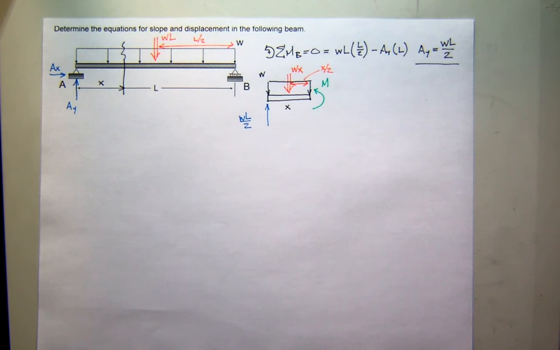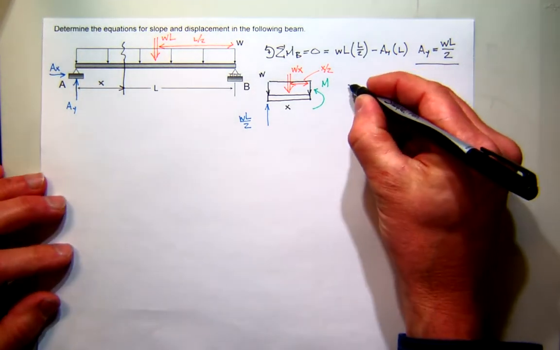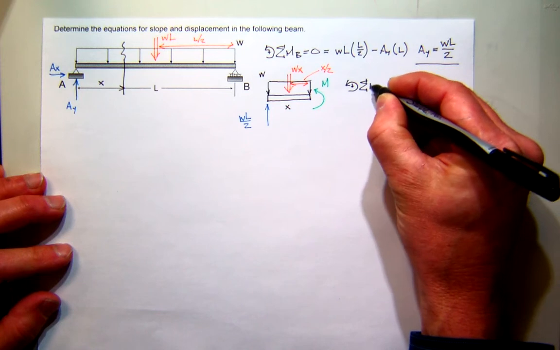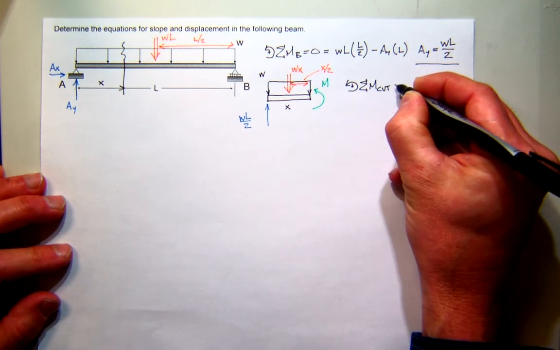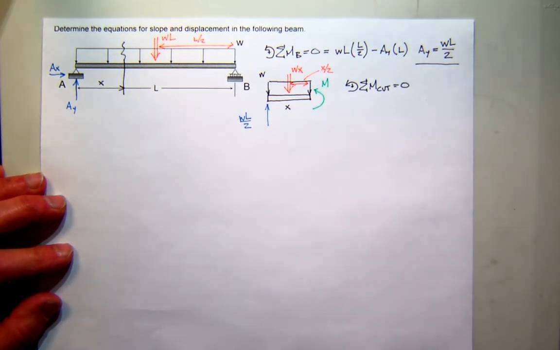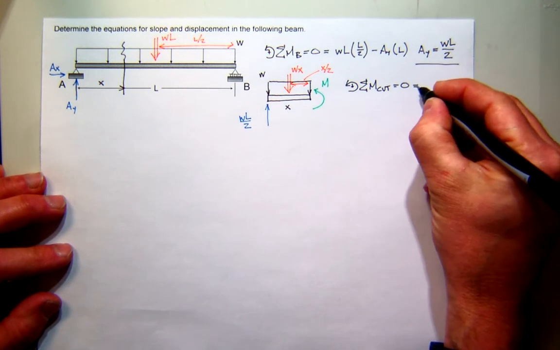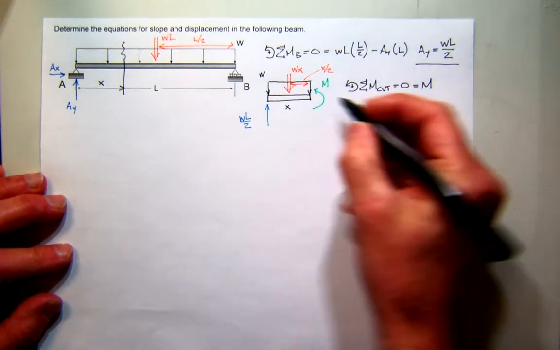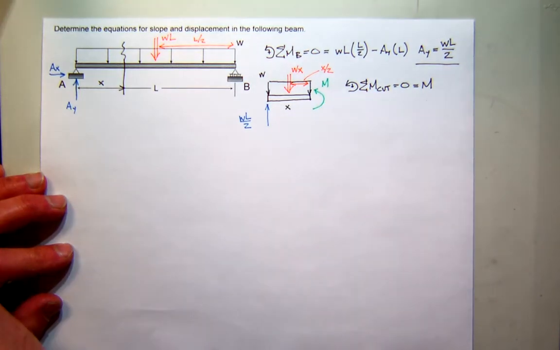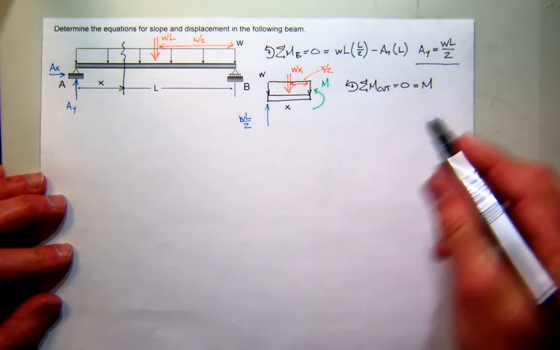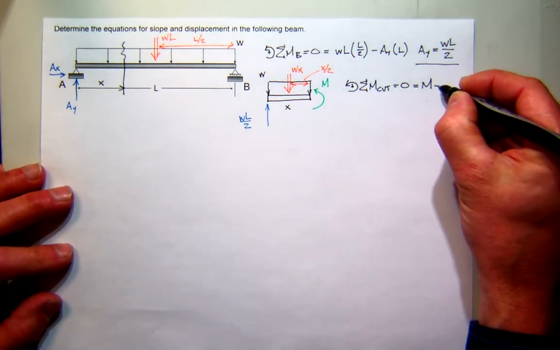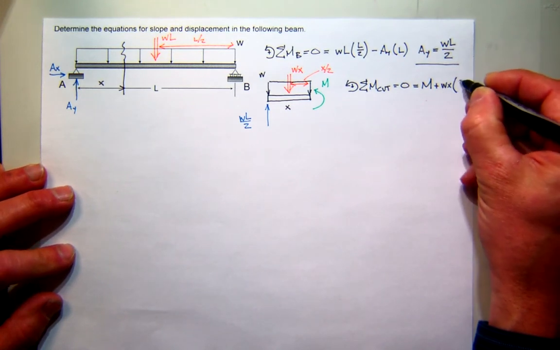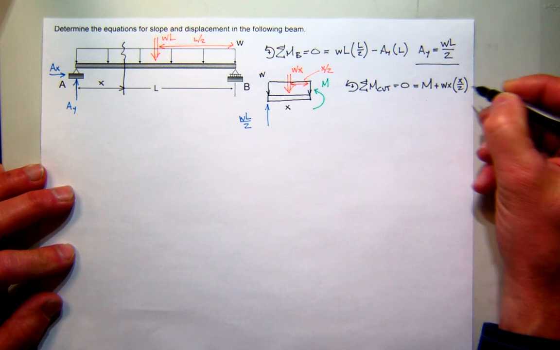Okay, so now we just need to sum the moments. So I'll sum the moments, again, right-hand rule. So we're summing moments at the cut and making sure it's in equilibrium. So I'll start with the actual applied moment. Using right-hand rule, that's a positive moment. What about the moment for the concentrated equivalent force? Positive or negative? Positive. And that'll be Wx times a moment arm of x over 2.